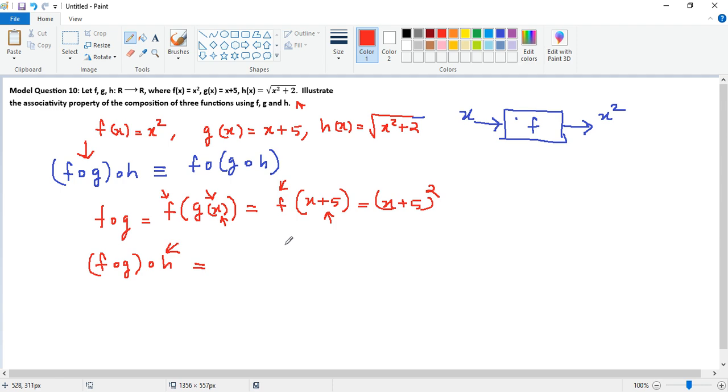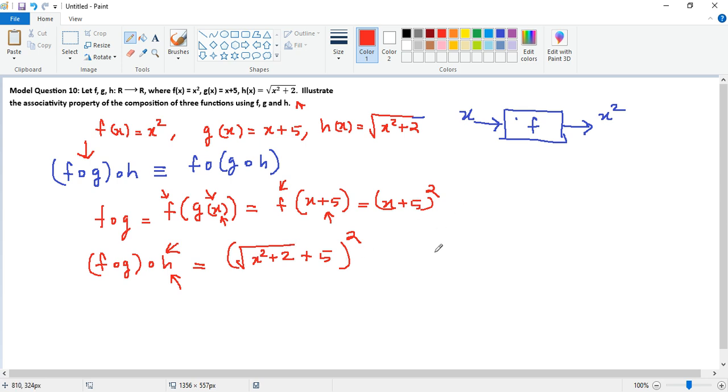So when it gets h as input, what it will do is take x squared plus 2 as the input, then add 5 to it and square it. So that's what f o g will do to h. So we have (x squared plus 2 plus 5) whole squared.